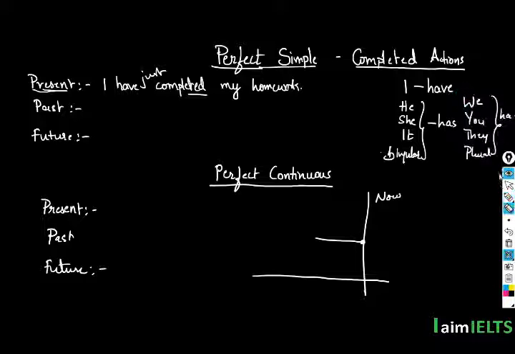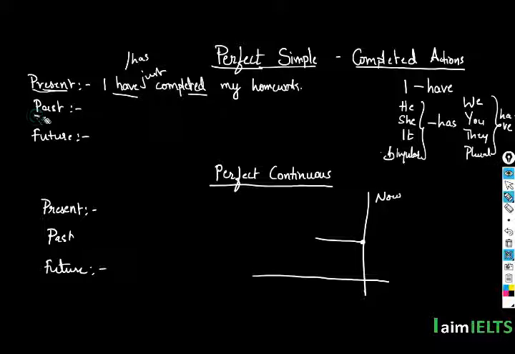And for we, you, they, or any plural, it will be have. So this is the rule. I have just completed my homework. She has just finished her homework. We have completed our homework. So the word have or has can come depending on who we are talking about.